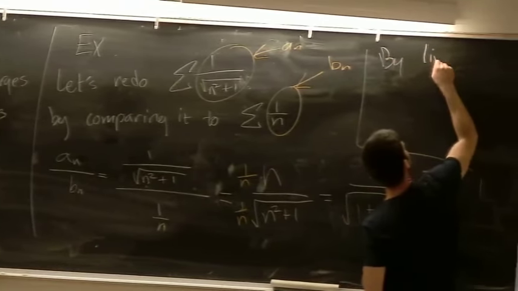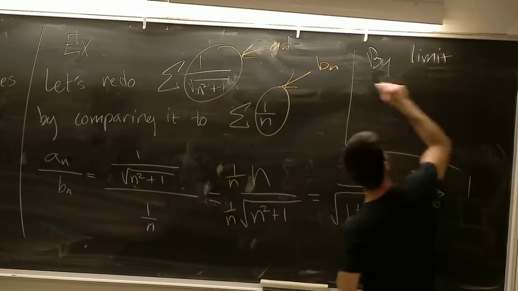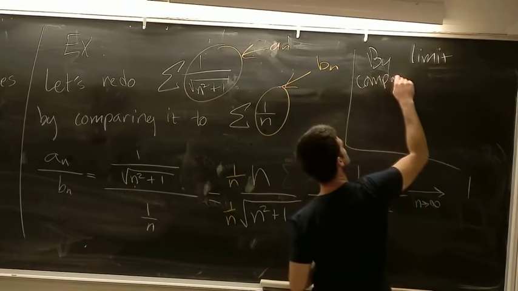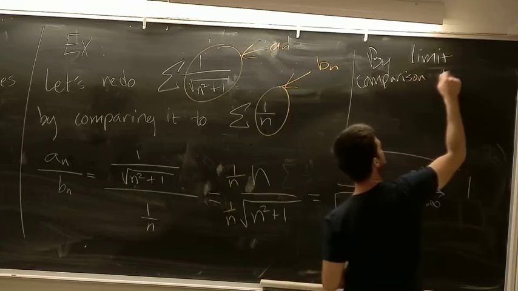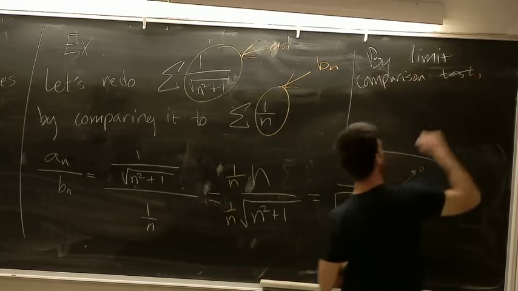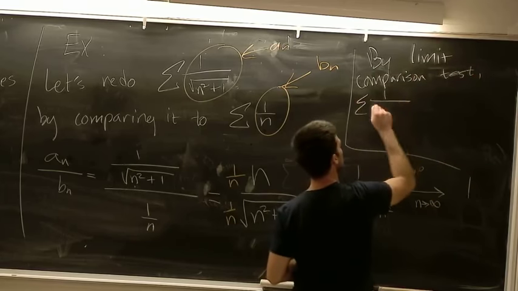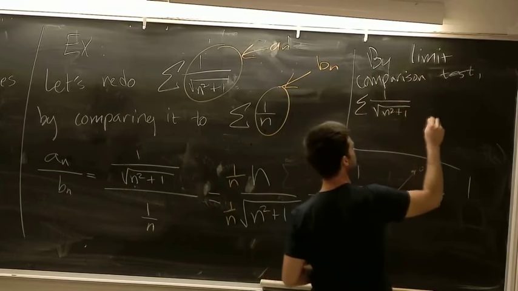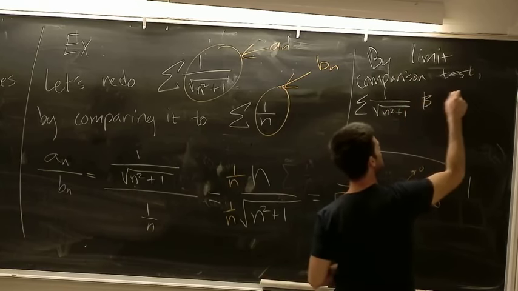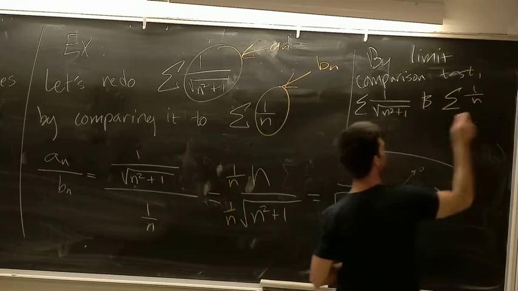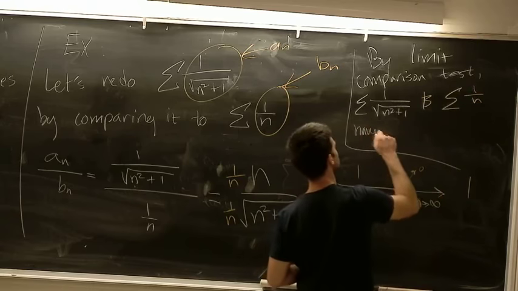So by the limit comparison test, 1 over root n squared plus 1 and 1 over n have the same behavior.